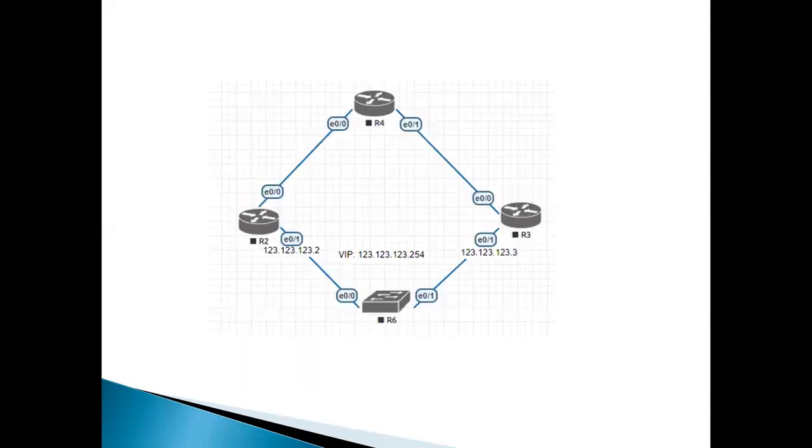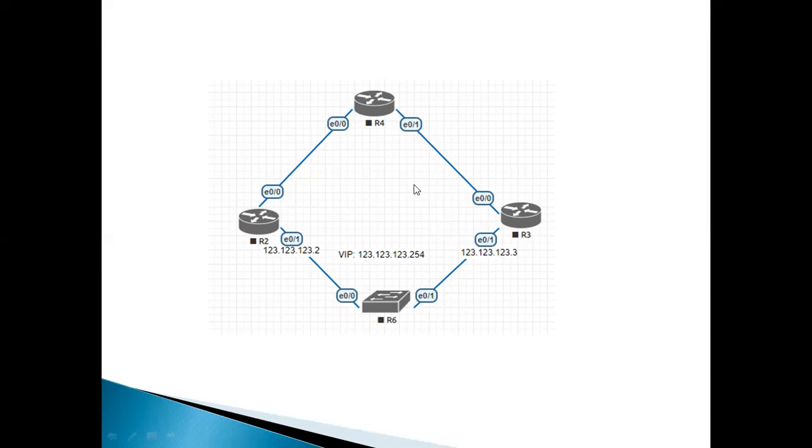Here is the topology, and suppose R2 is a router and R3 is a router, the local gateway for the local subnet. On R2 we have configured the 123.123.123.2 IP address on a physical interface.